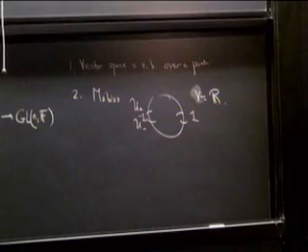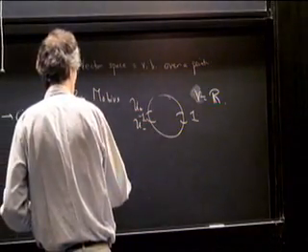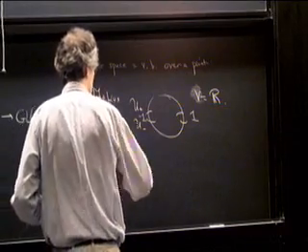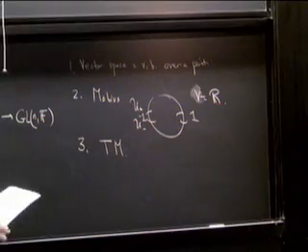So that's the Mobius bundle. And then a third example: M is any manifold, then the tangent bundle of that manifold is a good example of a vector bundle.